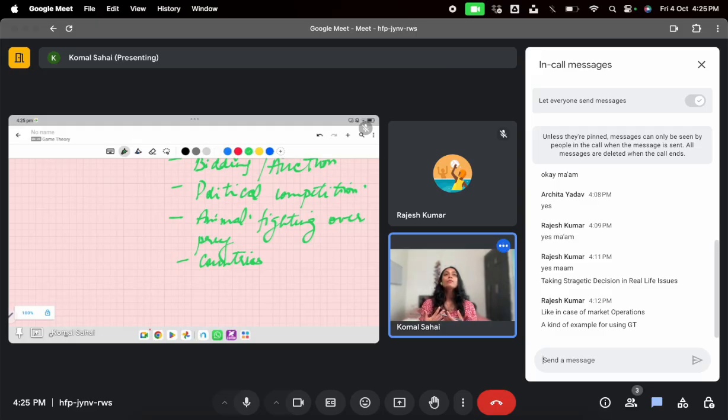So you have to decide how much tariff to keep, how much duty to impose, how much concession to give the other side, how much free entry to give them in your country, how much of their say FDI to allow, how much you are willing that they provide concession to their producers. Because if their producers are producing something cheaply, then your producers are at a disadvantage because their costs are not low, right? So all of these decisions are strategic.